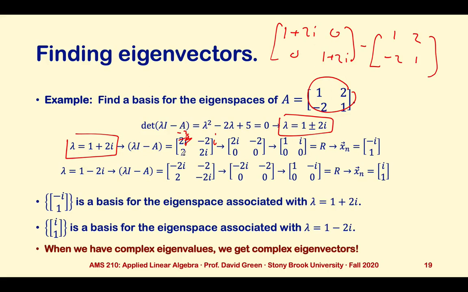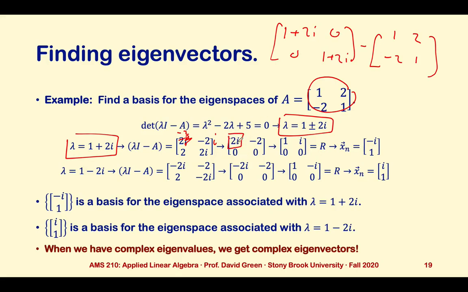Negative 2 plus 2 is 0. We're adding them together, negative 2i and 2i. What we actually see is that these two rows are scalar multiples of each other. They just have an imaginary scalar multiple. That means we have a 0 row. We need to scale this single pivot.